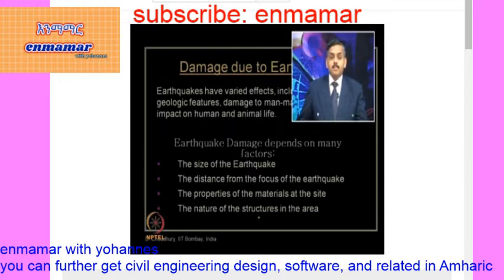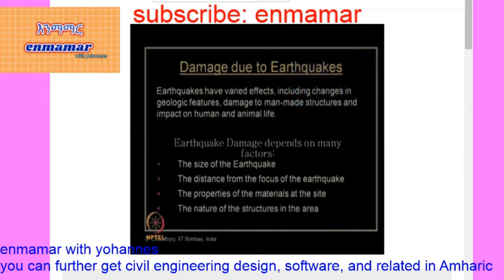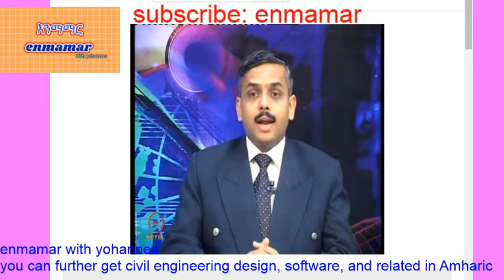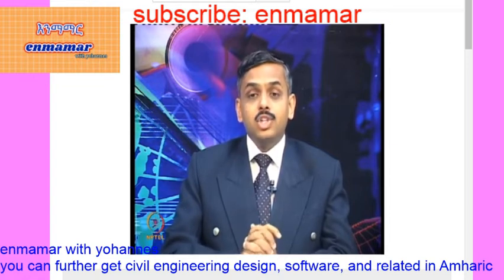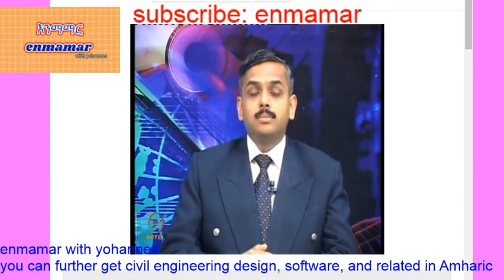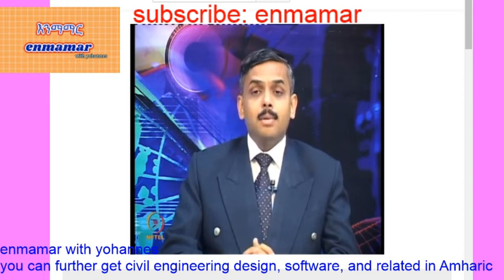For example, suppose in an area we have a large number of mud houses or non-engineered structures, say masonry structures, which do not have beams, columns, etc. In that case, if an earthquake occurs at that site, then major damage will occur, compared to, say, the same site having better engineered construction with reinforced columns, reinforced beams, slabs, etc., a properly designed building, which will go through a lesser amount of damage or no damage during an earthquake at the same site.